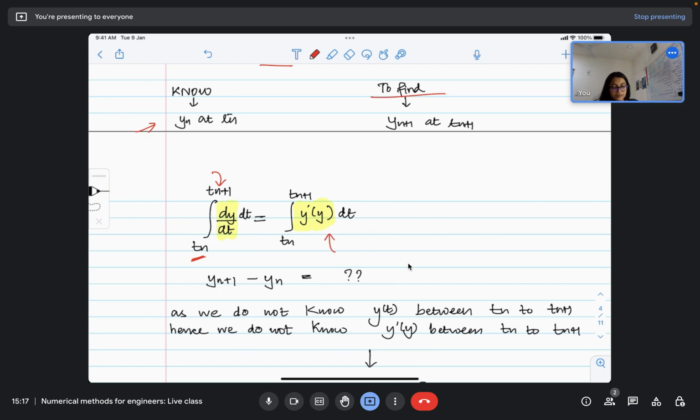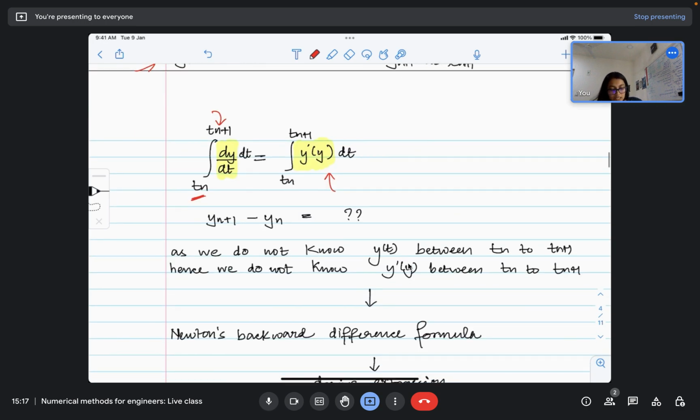Now if we try to solve the LHS, it will simply come down to y_{n+1} minus y_n. But we still do not know what will be written here when the right hand side is integrated. So we'll state our problem here.